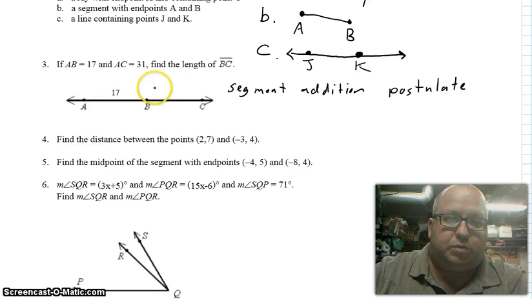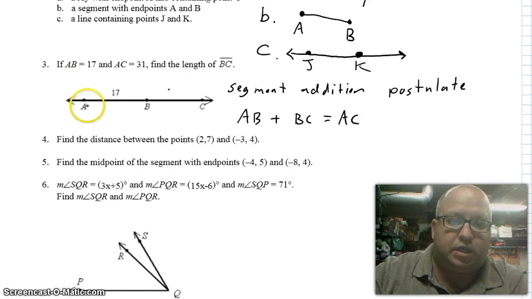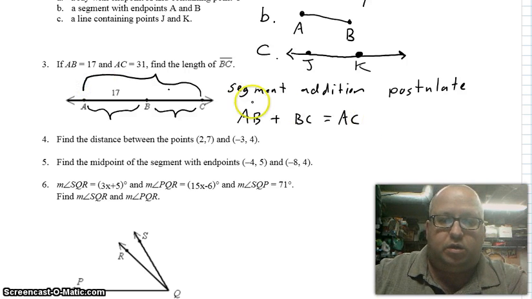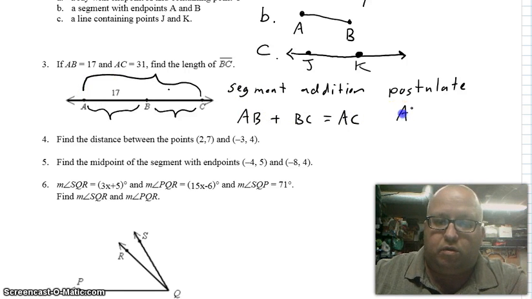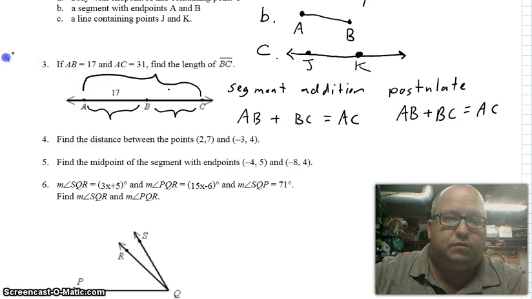And when you look at something like this, in the middle there, we know that AB plus BC equals AC. And basically what that's saying is this piece plus this piece should equal the whole thing. Oh, you know what? I'm going to move that over here. AB plus BC equals AC. Now I've got some of the values for it.